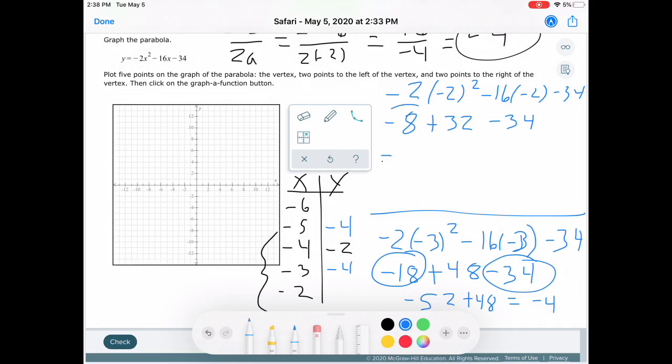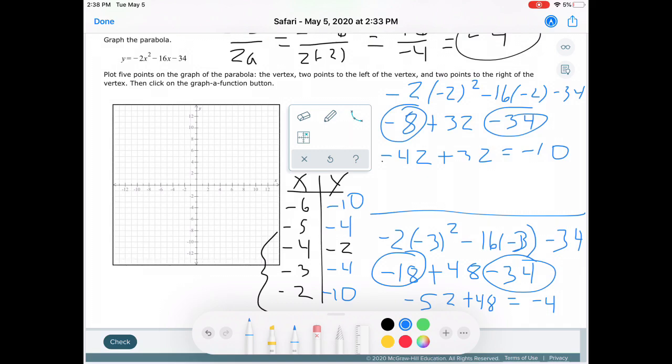So we've got our negatives adding together to give me negative 42 plus 32 gives us negative 10. And I'm going to copy those down so we can graph them appropriately.